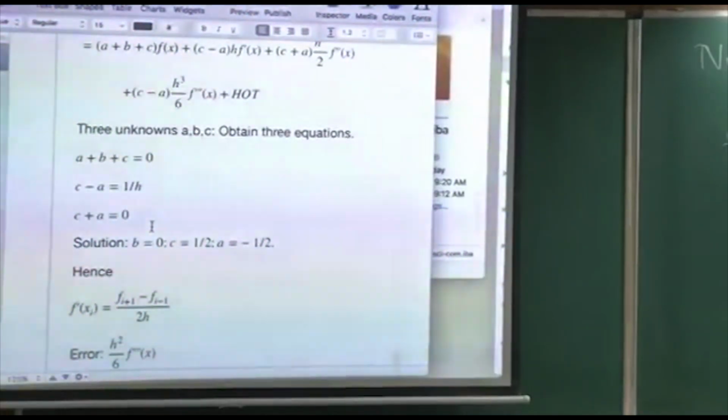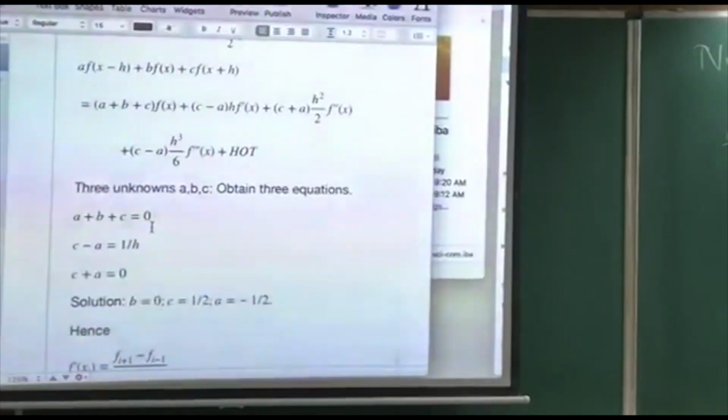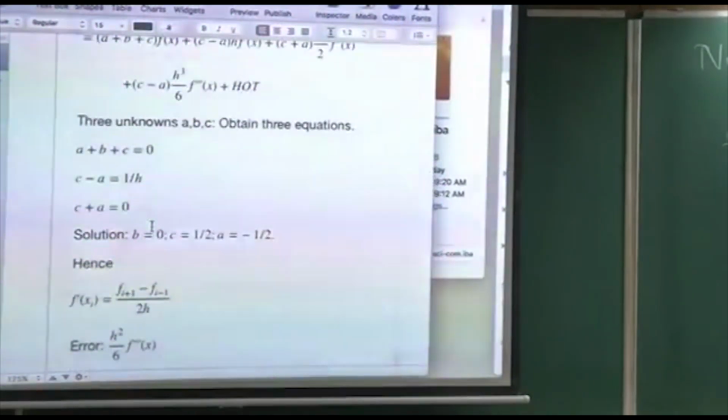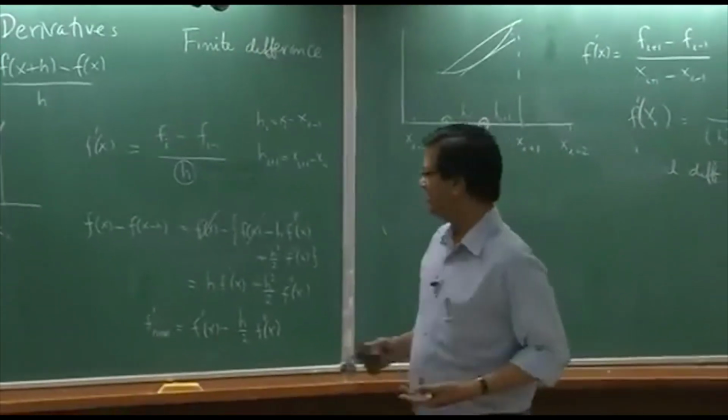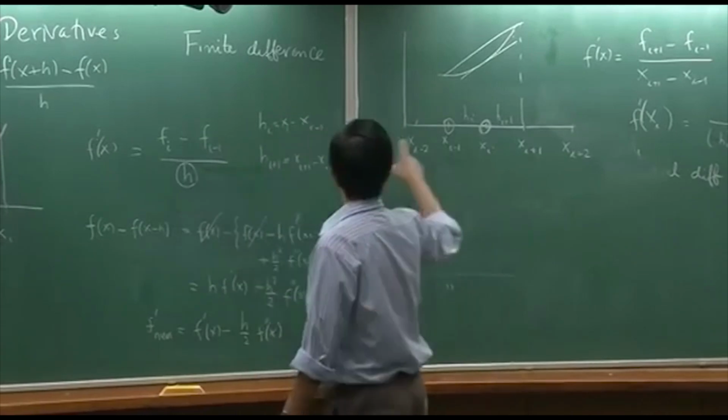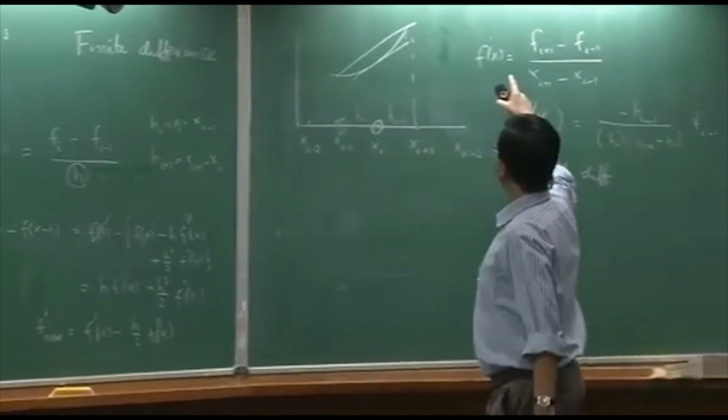So using 3 points I derived a formula for f prime x. I just equate with the Taylor series and set appropriate terms to 0. This is the formula I get, and I also get the error right away, the term which I ignored. So the error is of what order in the central difference scheme? h squared, and in the forward difference scheme it was h.